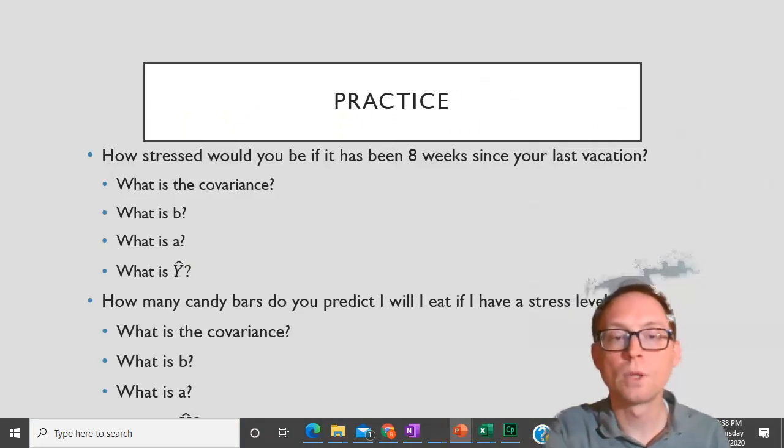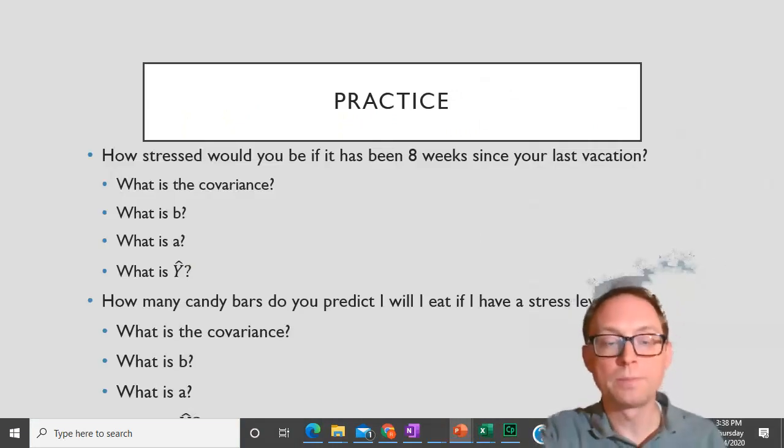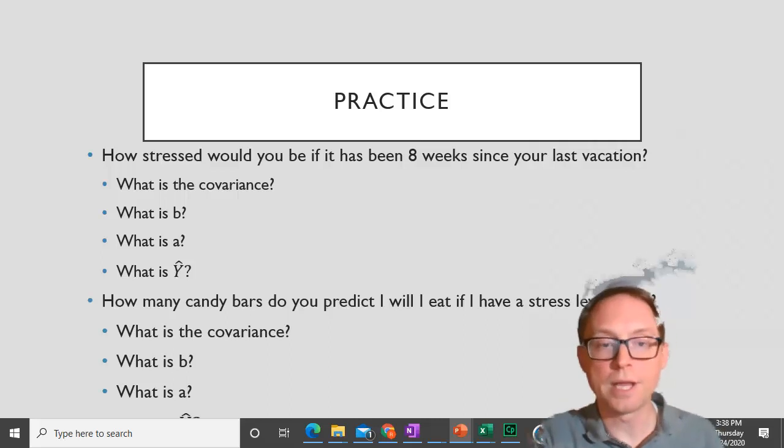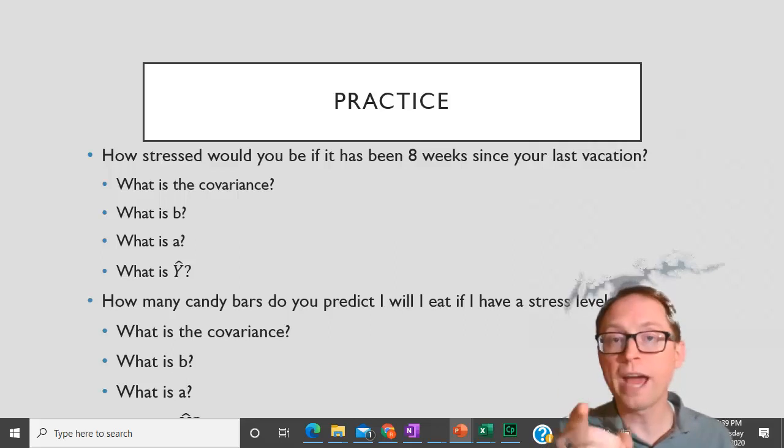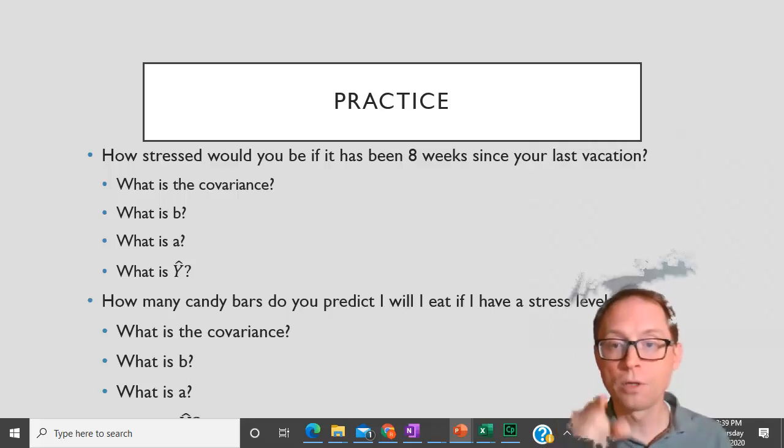Let's do another example. Let's do candy bars now. How many candy bars do you predict I will eat if I have a stress level of 12? Now, I gave you 12, so you know that that is x. So you know 12 is the actual value of x.